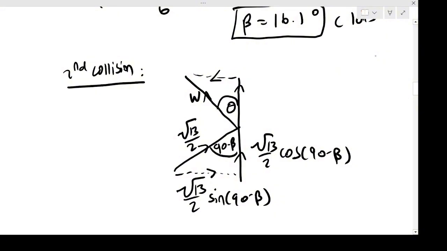But you might be thinking, well, we've got an awkward angle here. We've not got a simple, straightforward angle. We've got 90 take away beta. But then you might think, I've worked out that beta is roughly 16.1, so I can sub that in to get the angle and go from there.